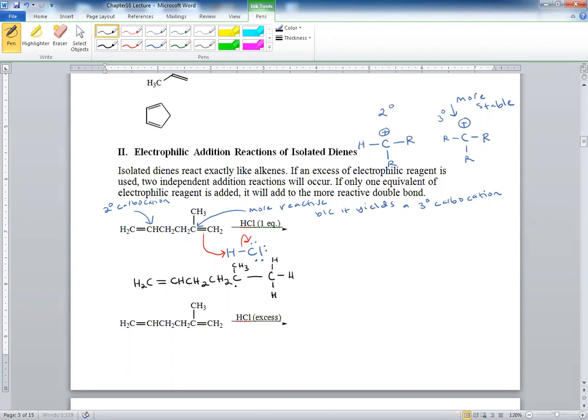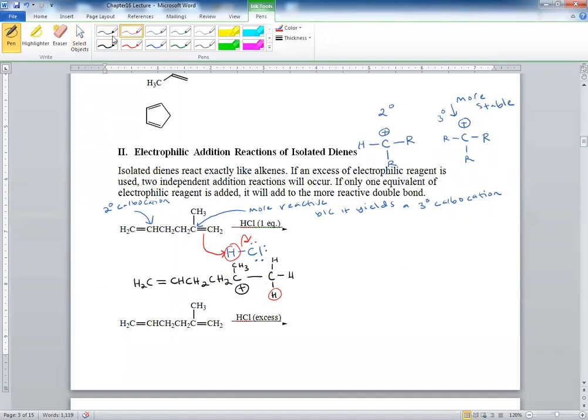Okay, so there's a plus sign right there. So where was your H added? If you recall from organic 1, this is your H. Let's say it's right there. So there you go, you have a tertiary carbocation.